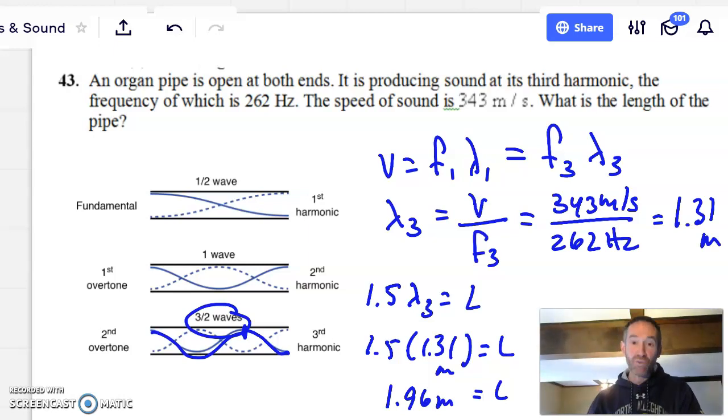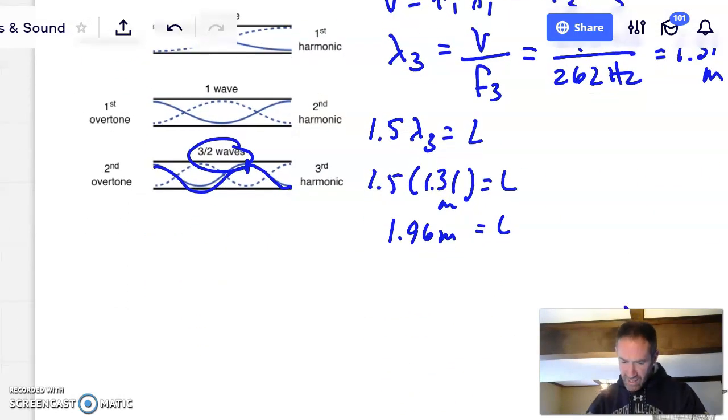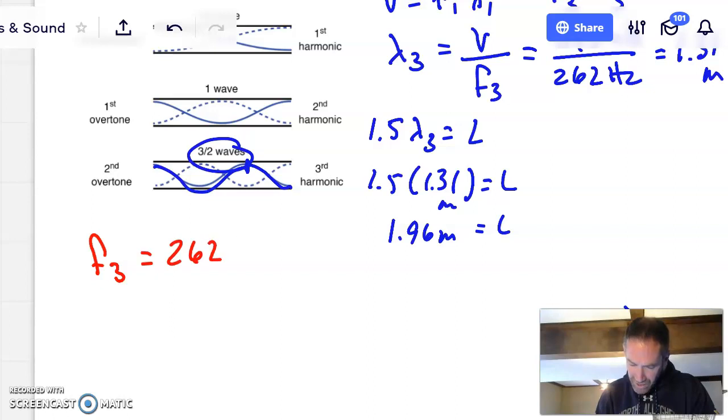Now, I think that's a good way to do it, but some people would think it through just slightly differently, so humor me here and let me see if I can show something that the rest of the crowd would like. Some people would have said, all right, hey, that frequency 3 is 262 hertz, and that means that the frequency 1 is the 262 hertz divided by 3.